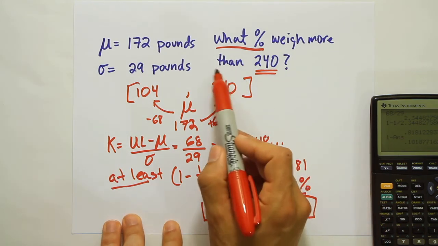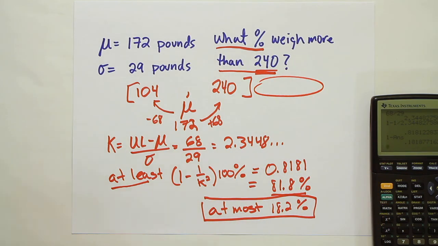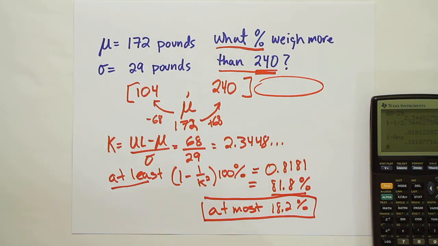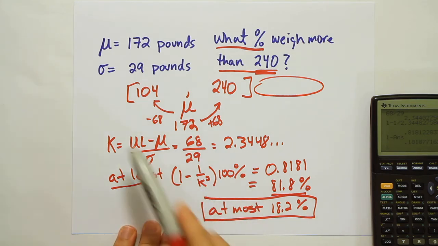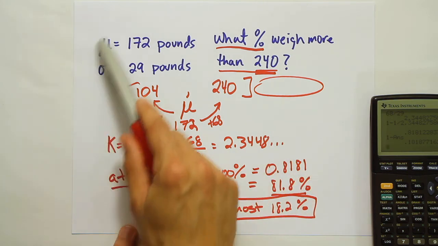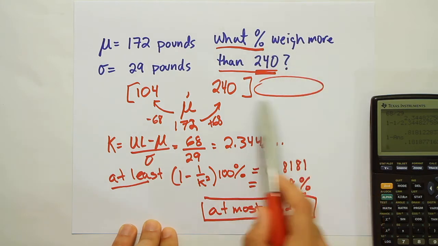And of course, that would include the amount that's more than 240. So all of it could be here. Don't make the mistake of assuming that it has to be half of it here and half of it there. Remember, for Chebyshev's theorem, there's no symmetry assumed for the actual distribution. We don't know for sure that the distribution is symmetric. It could be bell-shaped for all we know, or it could be very skewed so that all the extra stuff is here, or skewed this way so that all the extra stuff is there.